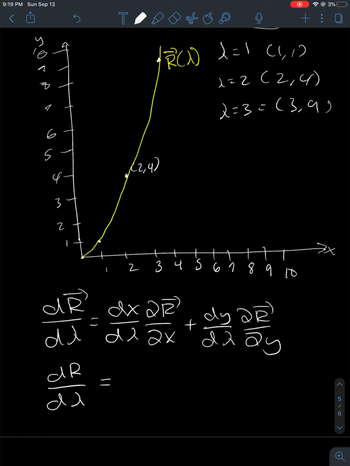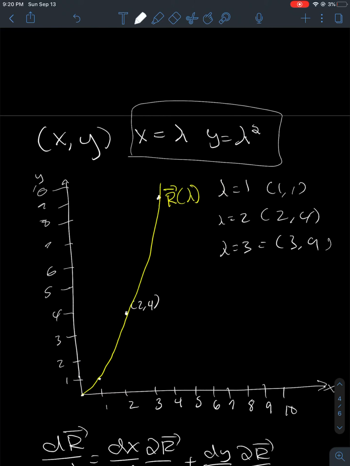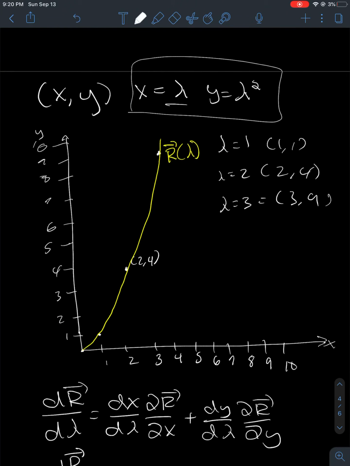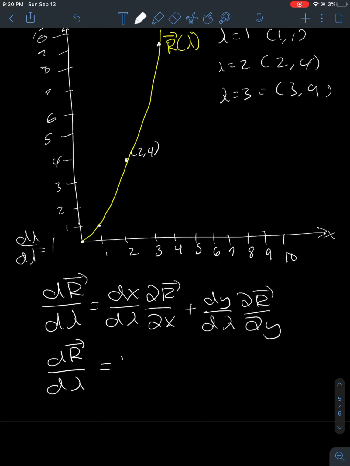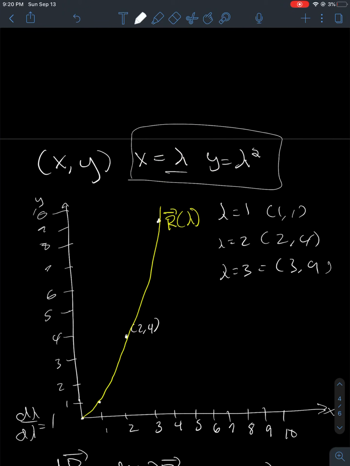Well, if x equals lambda, then d lambda over d lambda just equals 1, obviously. So it's just going to be 1 times partial r over partial x plus dy over d lambda.